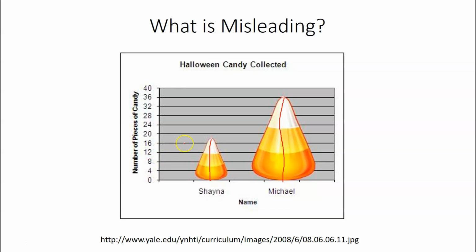So like this looks to be about maybe 18, and this is about 36, so about twice as much. Michael collected about twice as much as Shayna. But when you're looking at it, oh my word, it just feels like 3 times or 4 times as much just because of the way the graph is.